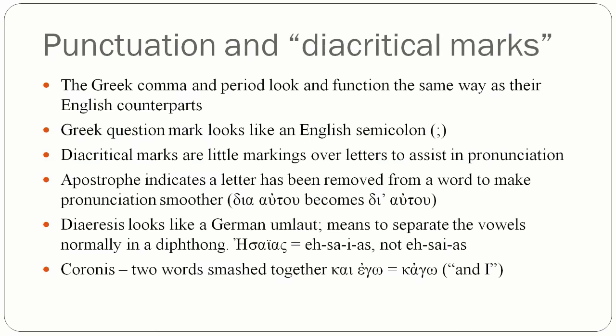The Greek comma and period will look and function in the exact same way as they do in English. A comma looks exactly like an English comma, a period looks like the English period, no difference there. There is, however, a difference in the Greek question mark. Annoyingly enough, I don't know why this is, but the Greek question mark looks exactly like the English semicolon, so that will take some getting used to.